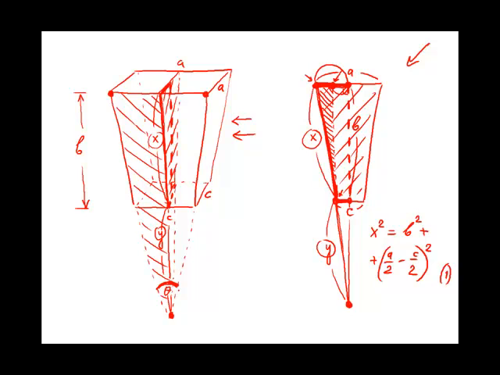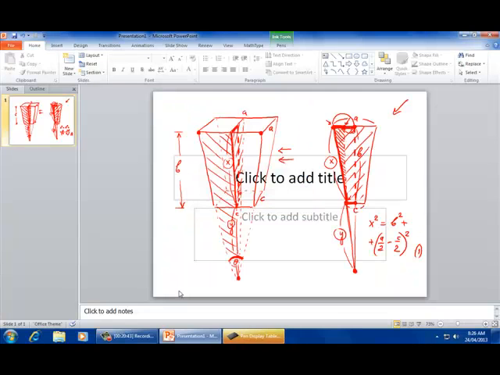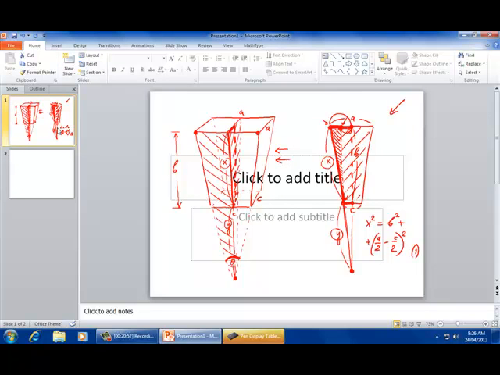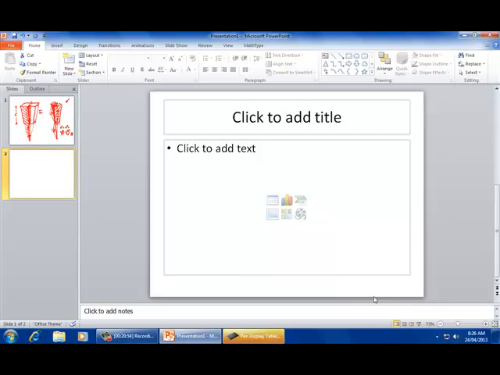Now let me plot this triangle separately. Here's that triangle, which is not in the vertical plane.